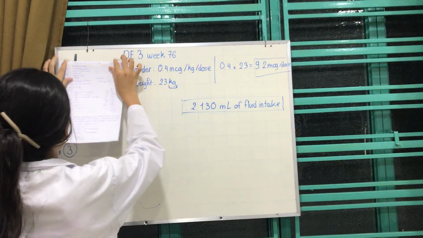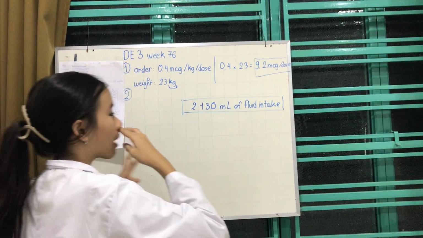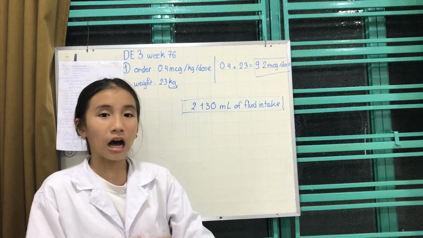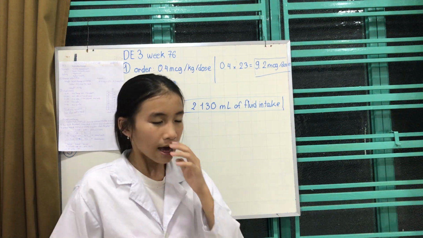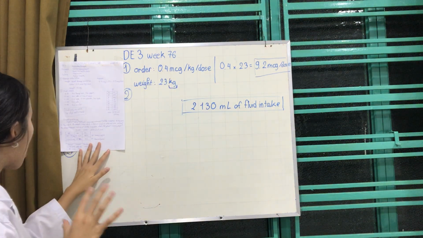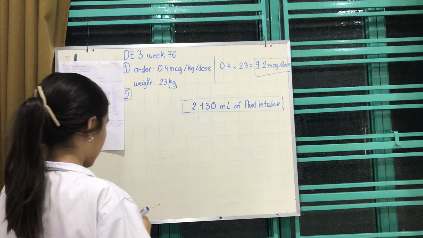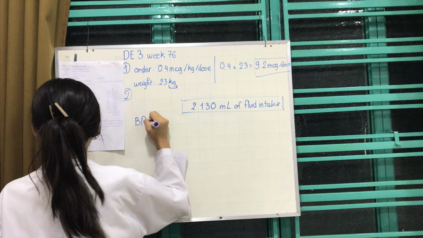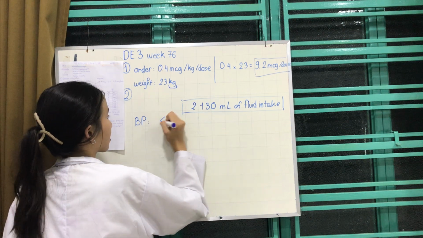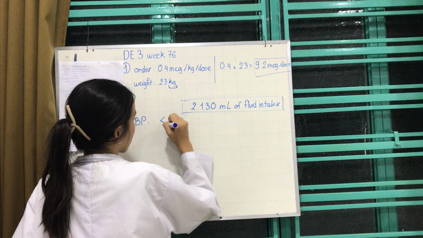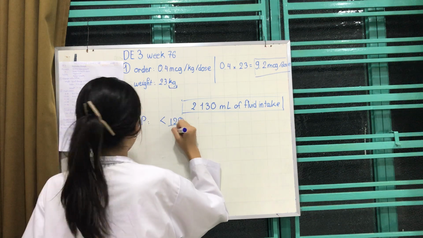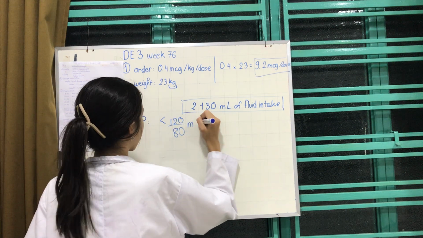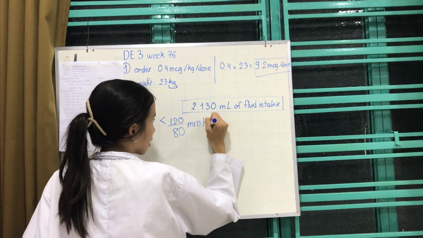The blood pressure is actually the pressure that the blood is forcing onto the walls of our veins. And so the normal amount, let's put it here, BP. The normal amount is less than 120 over 80 millimeters of mercury.